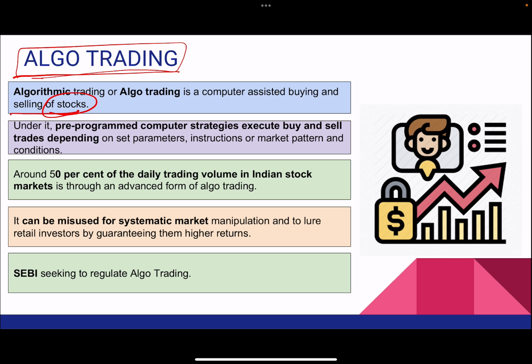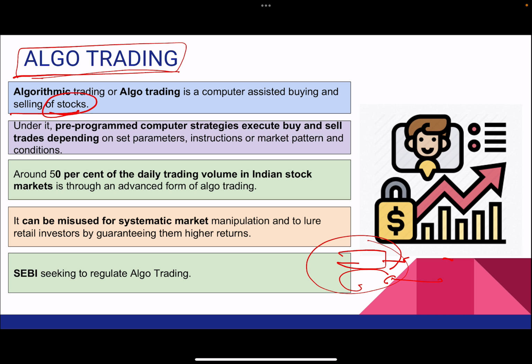50% of such transactions in India happen through algorithmic trading. That means there are some predefined instructions fed to the computer system, to the software, based on which, under certain situations, under certain business scenarios, or under certain parameters of the functioning of the particular corporations, if a certain threshold criteria is satisfied, then this much percentage of shares should be sold, or this much percentage of shares should be bought.